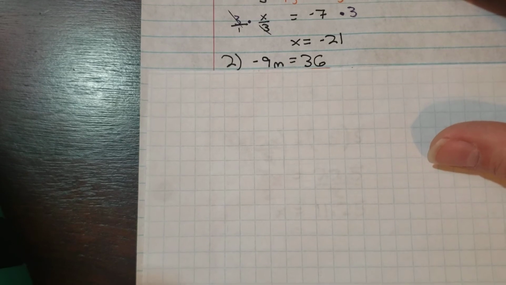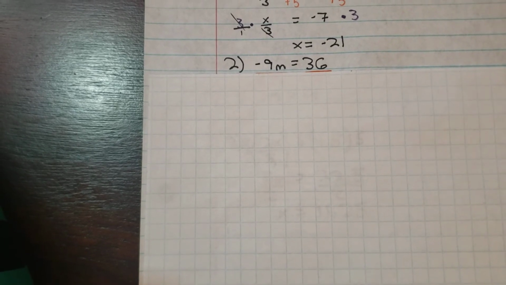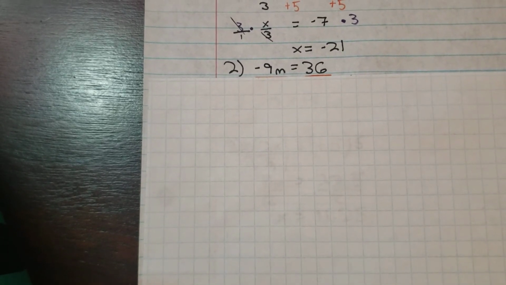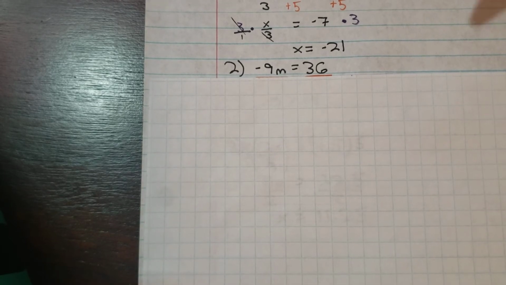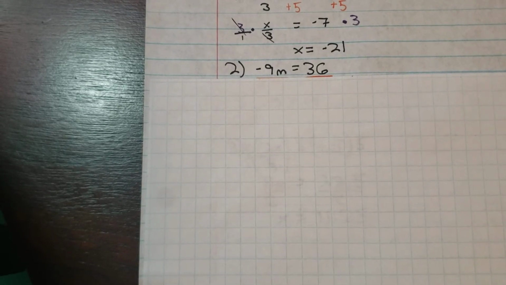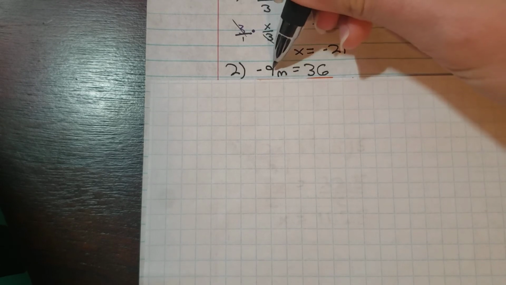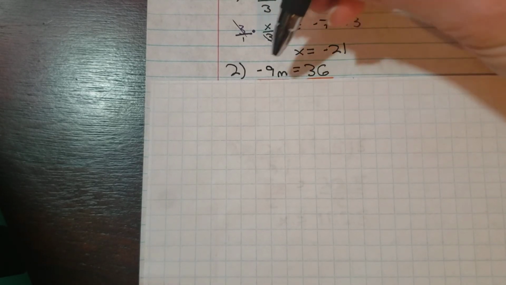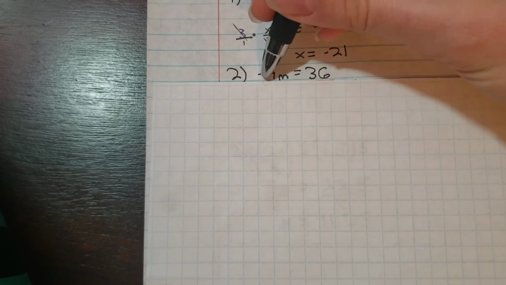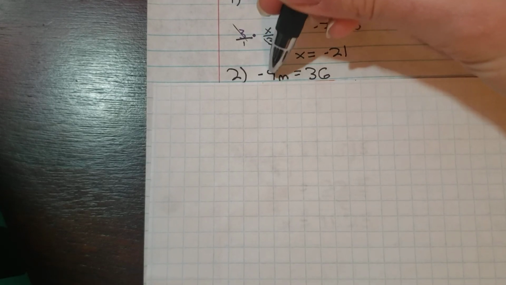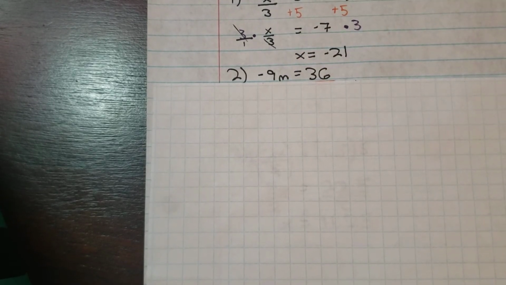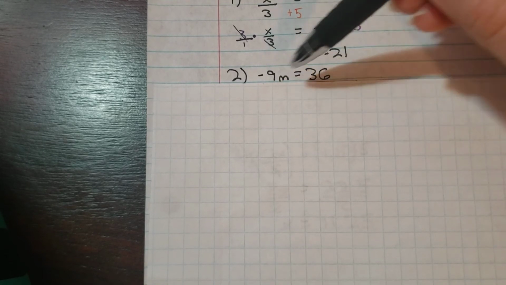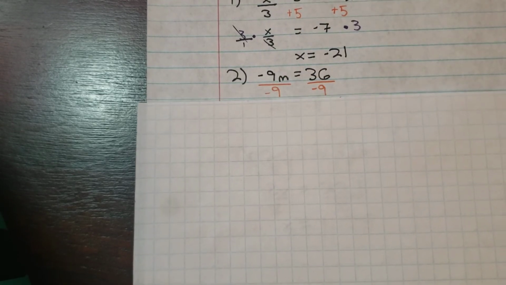This next one, I have negative 9m equals 36. Well, I don't have any addition and subtraction, so I just have this multiplication going on between 9 and m. So in order to eliminate this negative 9, I'm going to divide both sides by negative 9.